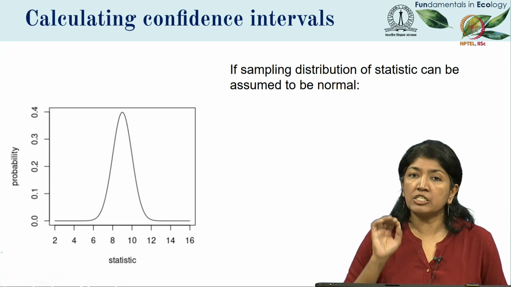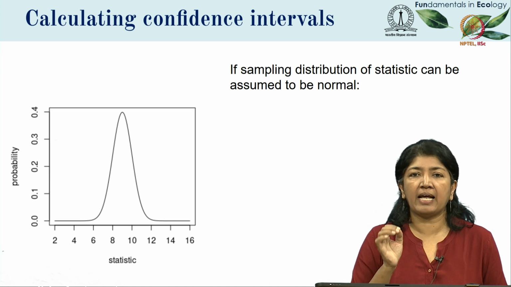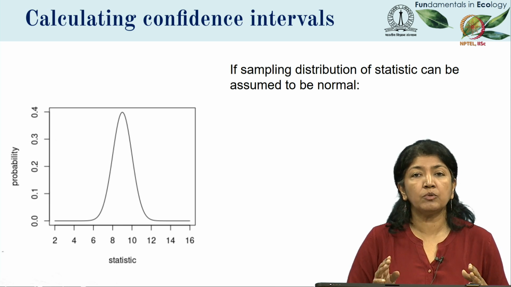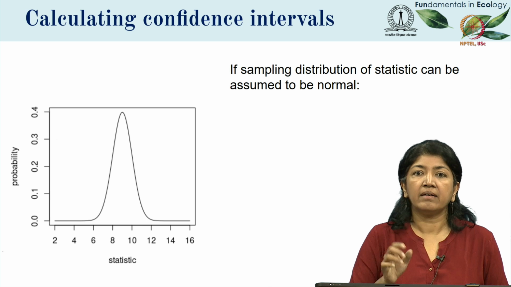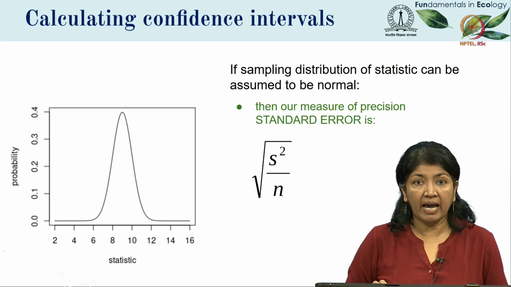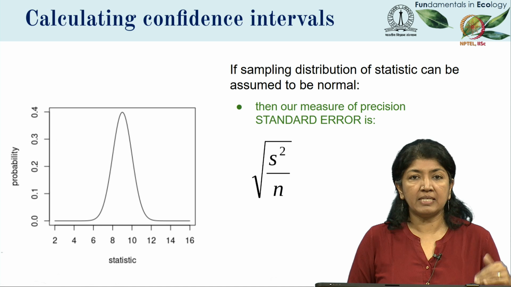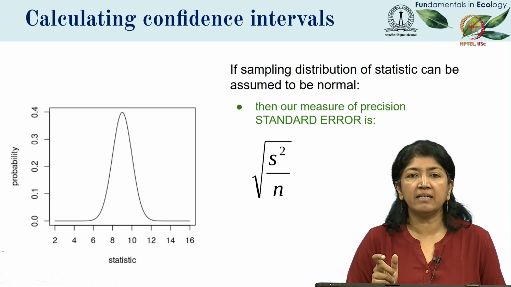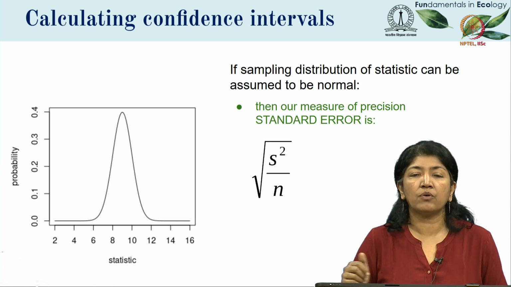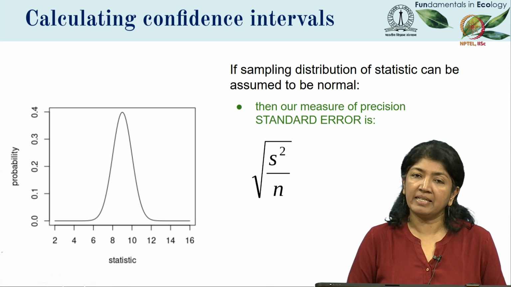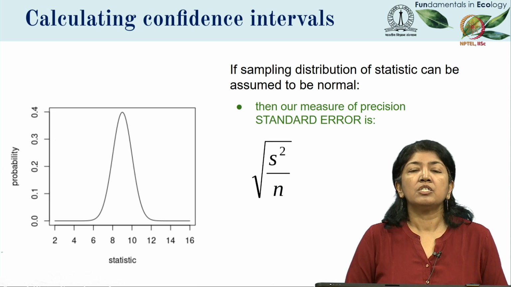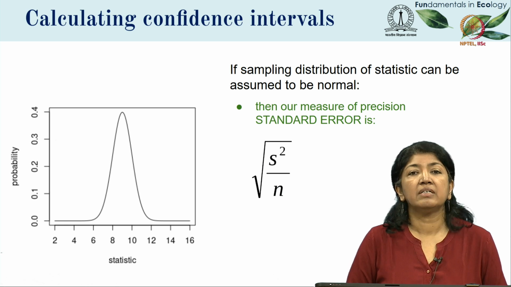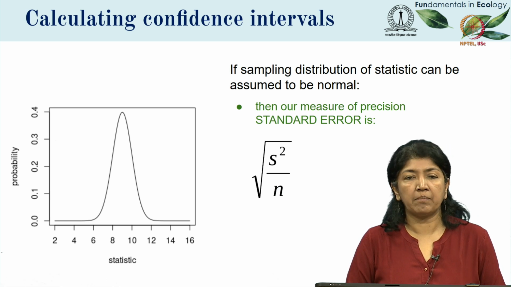Now, if we can assume that the sampling distribution of the statistic we are estimating is normal, then we can calculate the standard error using concepts from the normal distribution. So, now our measure of precision, the standard error, is calculated as the square root of the sample variance divided by the sample size. Another way you would have seen this is as the standard deviation divided by the square root of sample size.